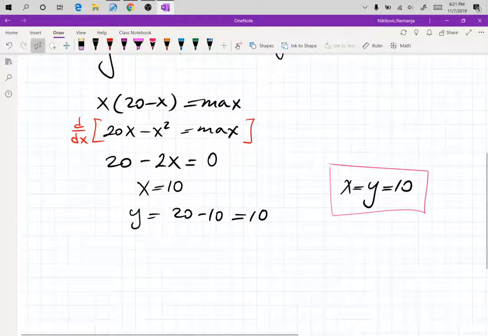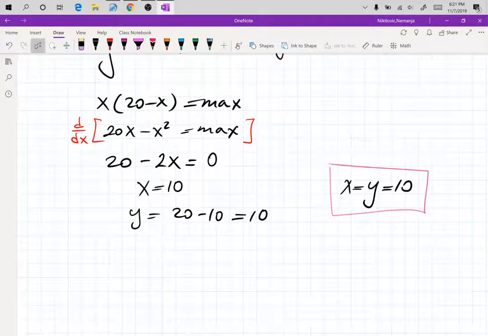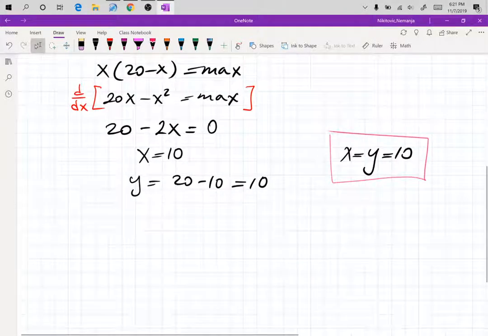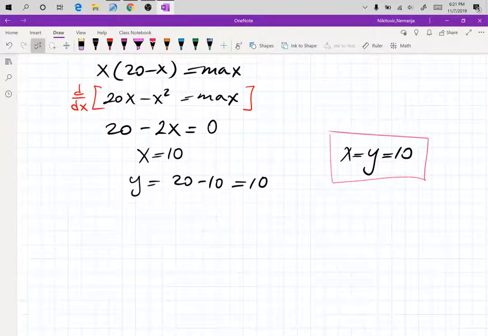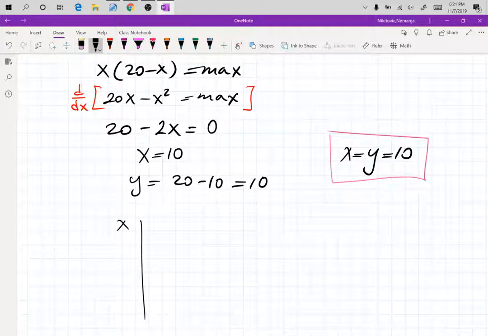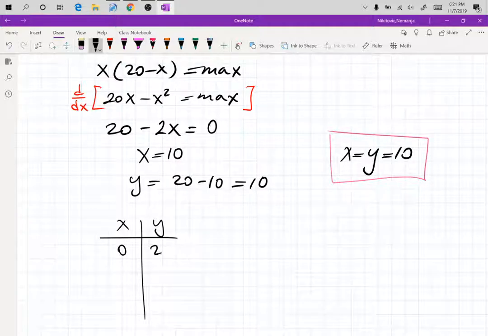Now let's say you're skeptical, and you would like to do some basic calculations to show that this makes sense. Let's figure out x and y values so that they add to 20. Well, you can pick 0 and 20, and the product 0 times 20 is 0.